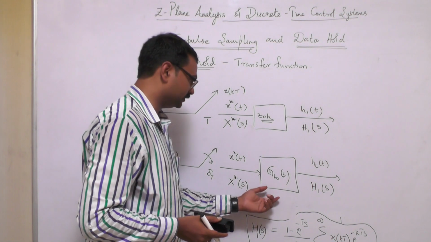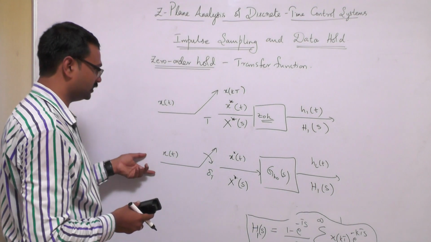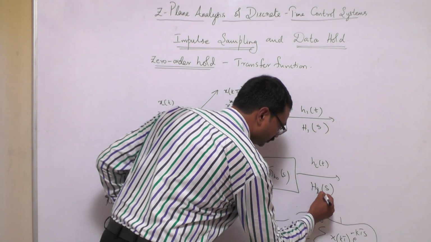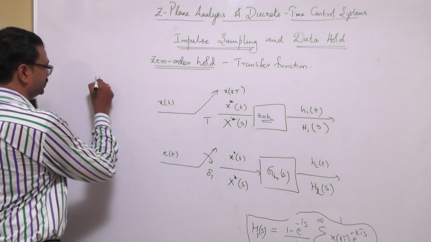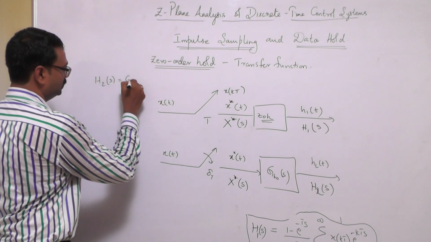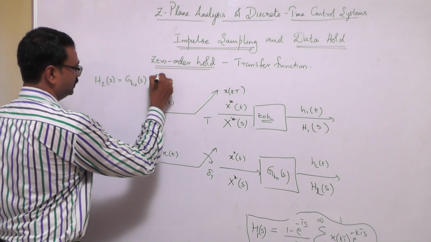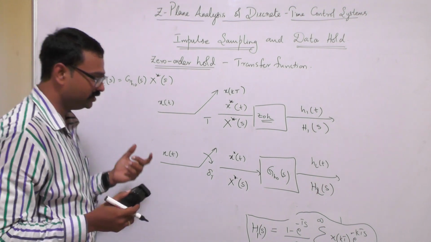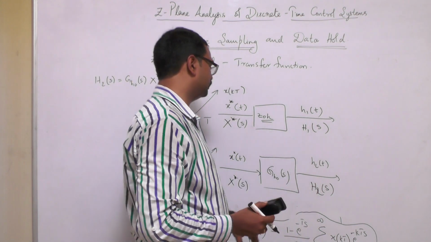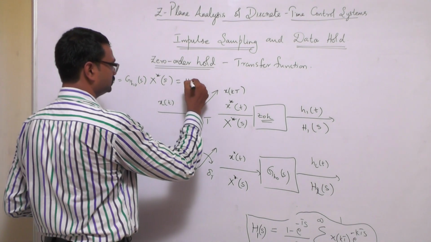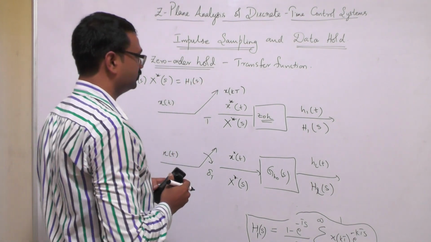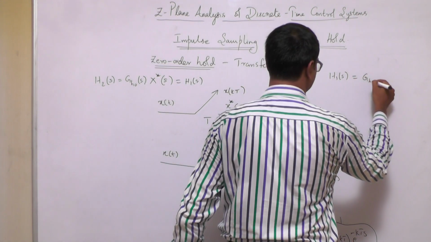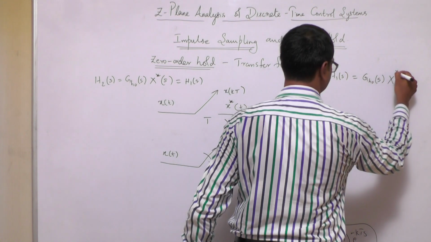Now based on the second diagram, let me say this is h2 of s, then h2 of s is equal to GH0 of s into x star of s, and we know that h1 of s must be equal to h2 of s. Therefore h1 of s is equal to GH0 of s into x star of s.